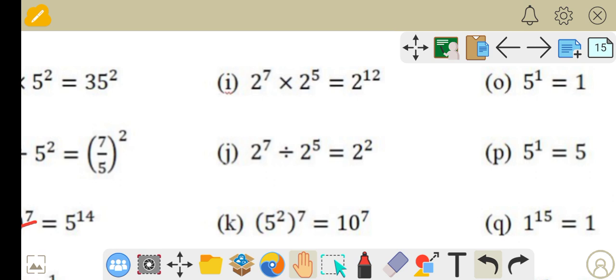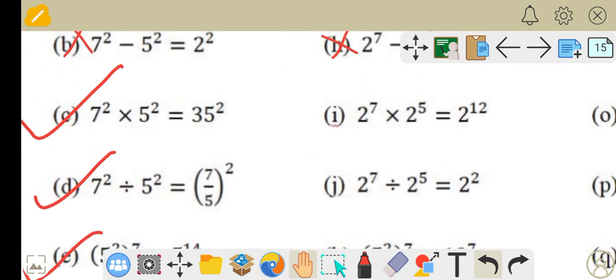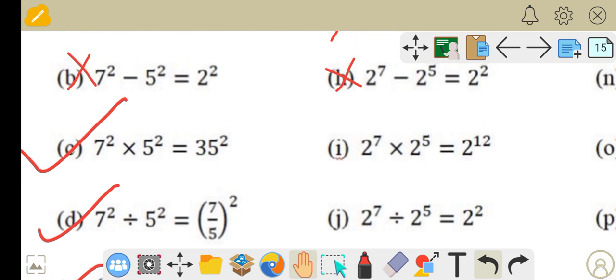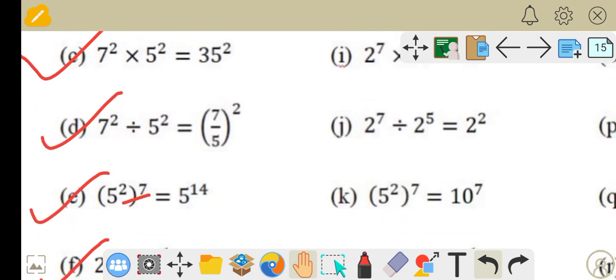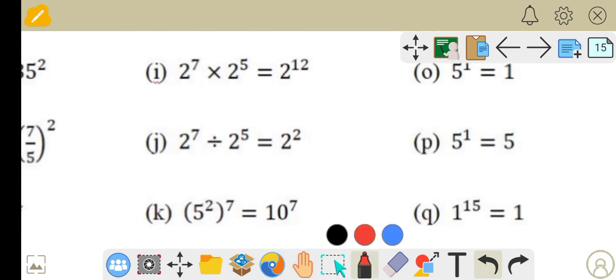Again we have the same base with different exponents in the case of multiplication, so we know that our exponents should be added, and hence 2 to the power 12, correct. And by the same reason, 2 to the power 2, correct.